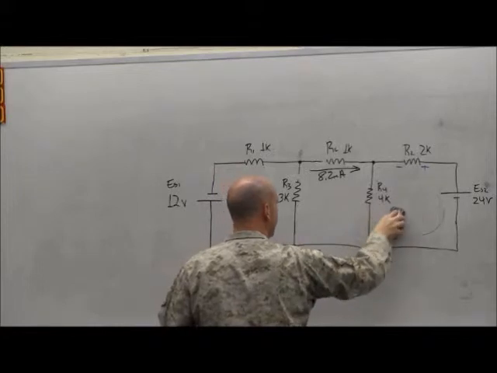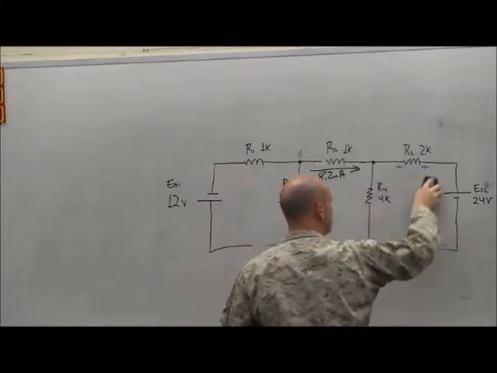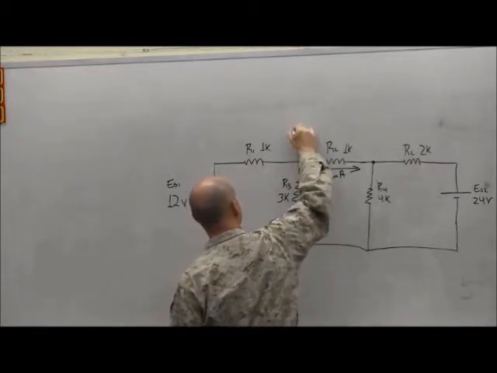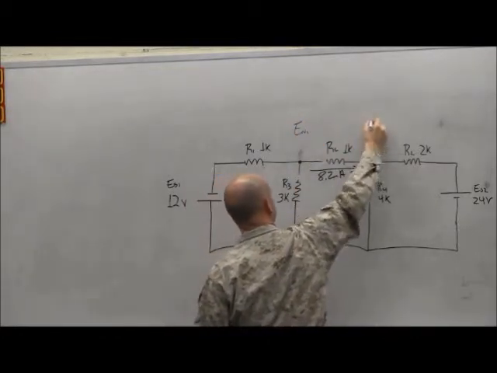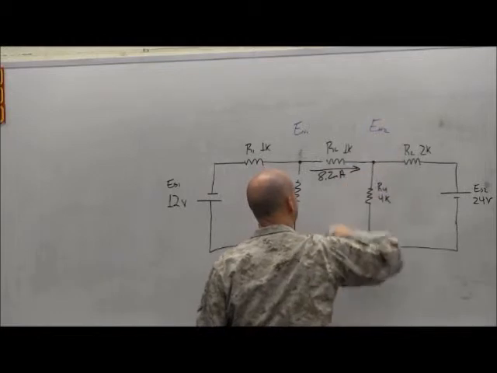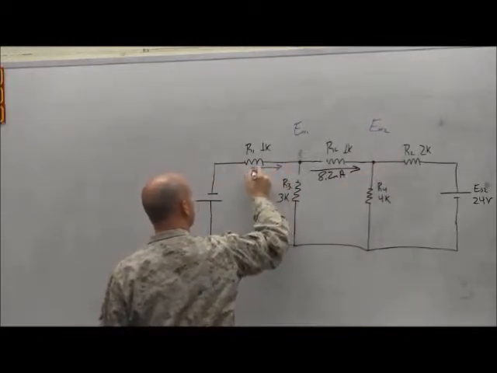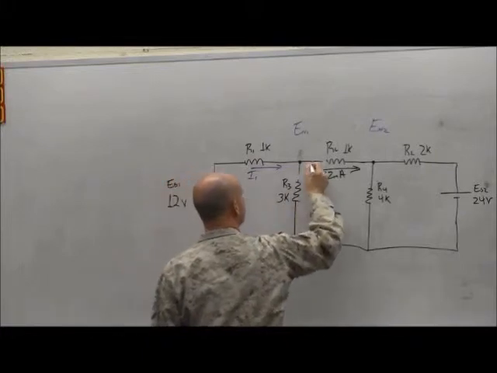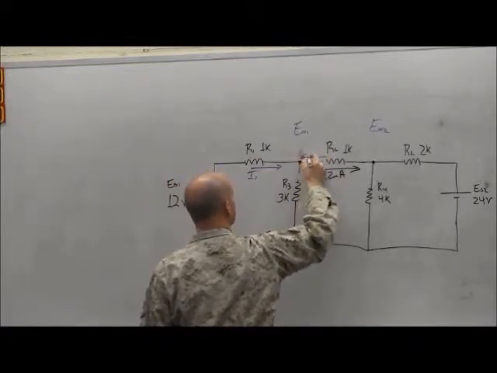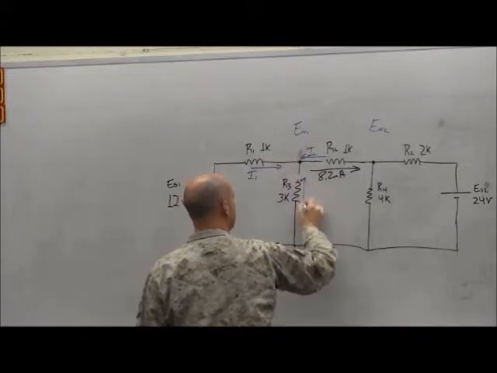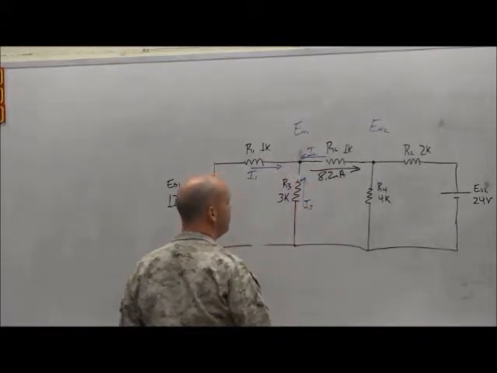In this case, we'll have En sub 1 and En sub 2. For En sub 1, we'll have I1, we'll have IL, and I3.